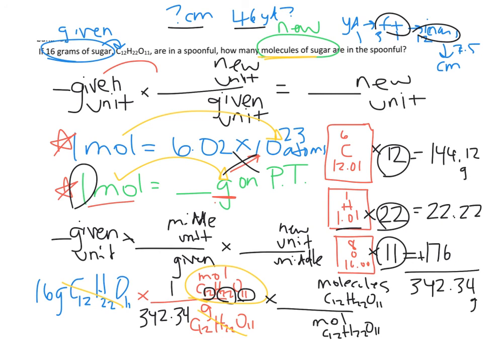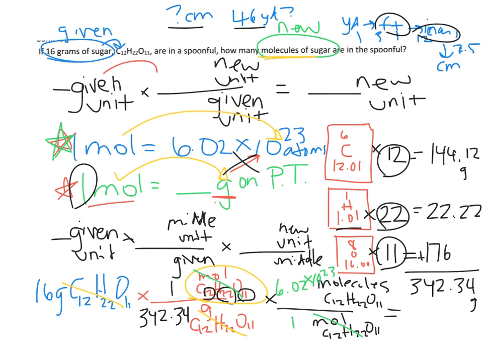And for this conversion factor, just like we said up here, remember, between moles and molecules, 1 mole equals 6.02 times 10 to the 23rd molecules. Right, so now moles cancels because we have a top and bottom moles, and we're left with molecules.